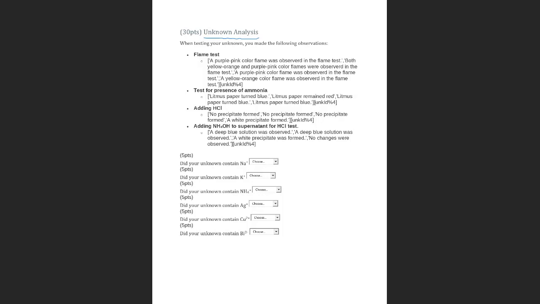And then when you have, let's say, copper and you have bismuth, and you add ammonium, if you see a white precipitate, your sample has bismuth. If you see a blue solution, you will have copper.